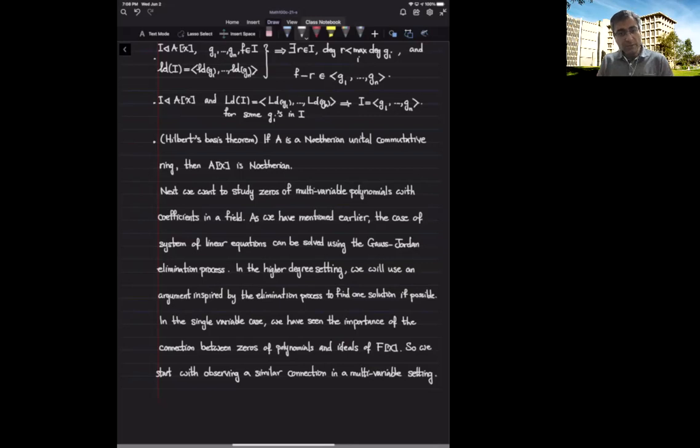Now, similar to the single variable case that we've seen, the tight connection between understanding zeros of polynomials and ideals of the ring of polynomials, the same is true in the multivariable setting. So we start by observing these types of connections in the multivariable setting.